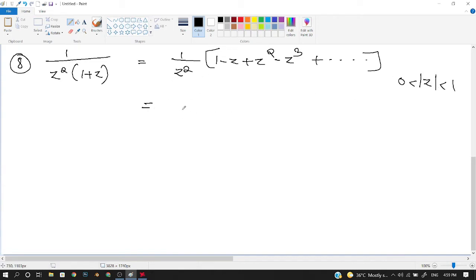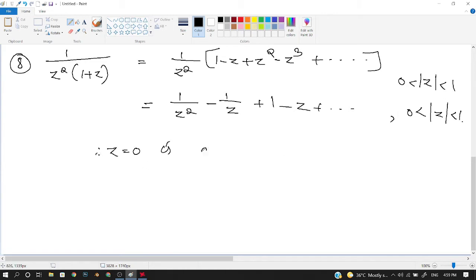Now you can take this 1 by z square inside. So 1 by z square minus 1 by z plus 1 minus z plus etc. And this expansion is valid for 0 less than mod z less than 1. Therefore, z equal to 0 is a pole of order 2.